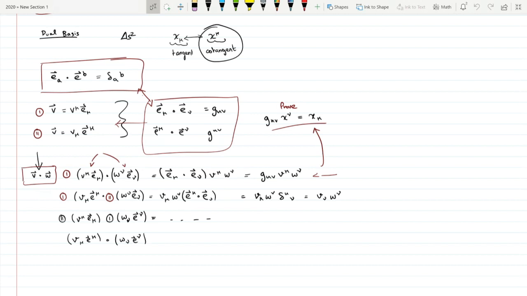I'm trying to give you more examples because I think from the first couple of lectures, a lot of you are lost in the notation. Does anyone understand what we're doing? I'm just taking the same vector and expanding it in terms of my different basis vectors. If you do it this way and write this out, you'll find G nu, G nu. If you write out the third one, you'll find that this is equal to V.